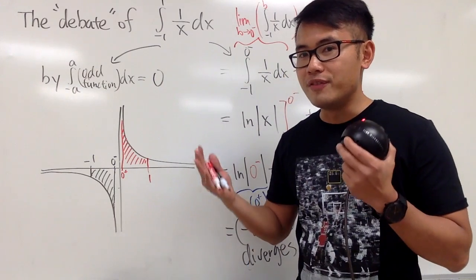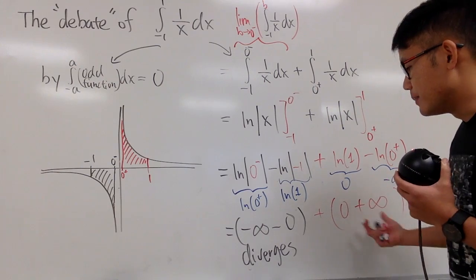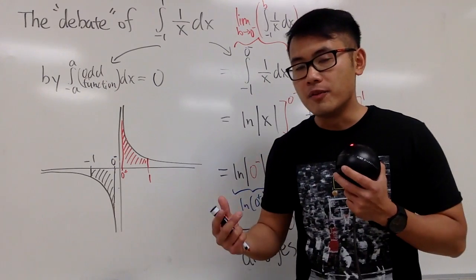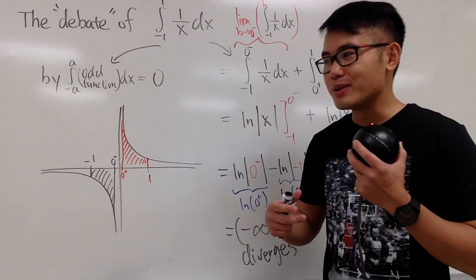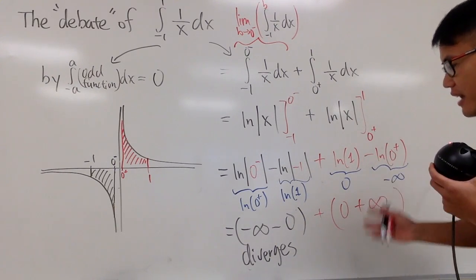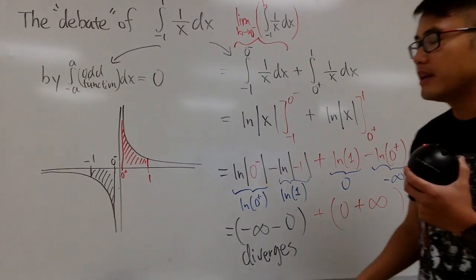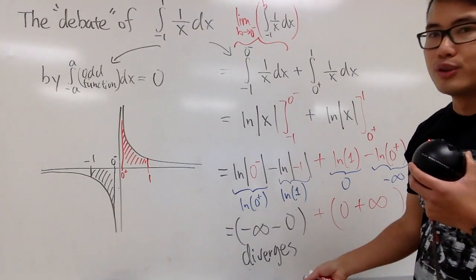You don't know which infinity will win. And seriously, even though we have this indeterminate form right here, remember, whenever we had the indeterminate form in a limit situation, we have to somehow combine it, somehow do some algebra to simplify it. But in this case, we cannot do anything from here to here. And the conclusion is that this right here is divergent.